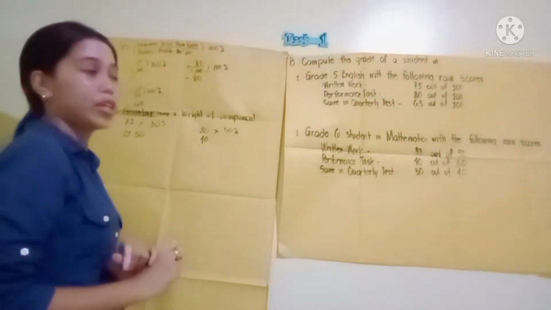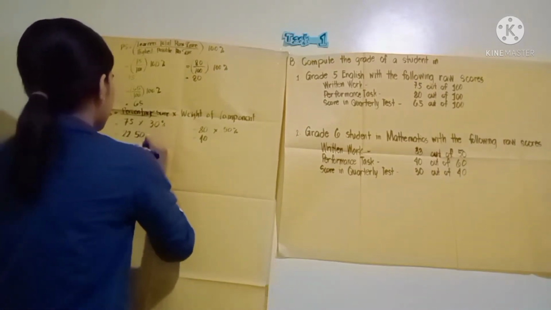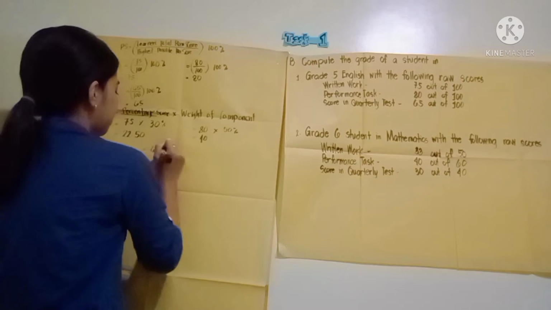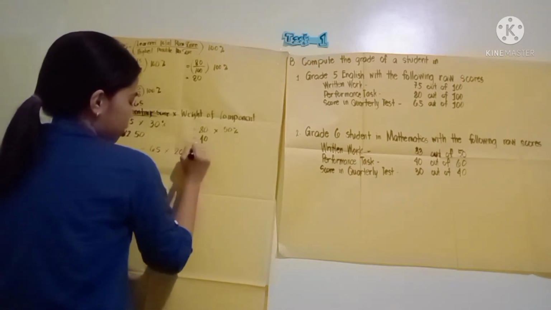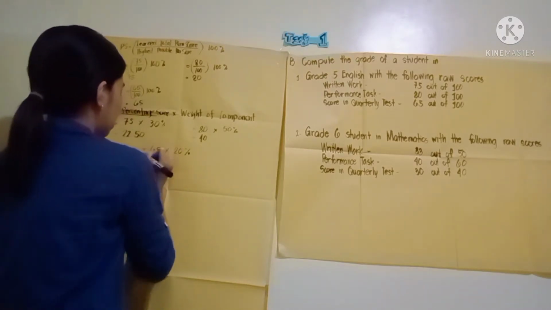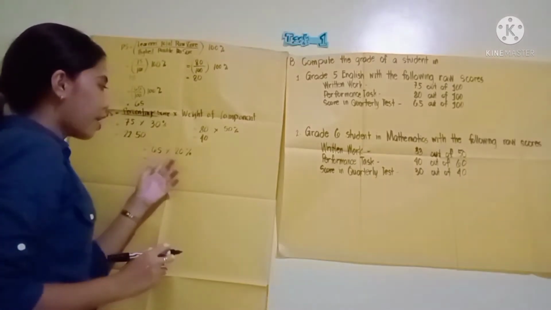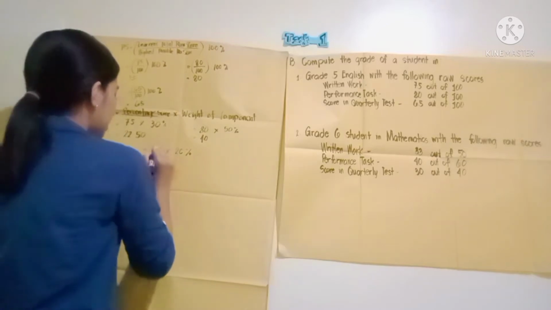Next is getting the weighted score of the quarterly assessment. The percentage score is 65 times 20%, the weight of component of the English subject for the quarterly assessment. So 65 multiplied by 20% is 13.